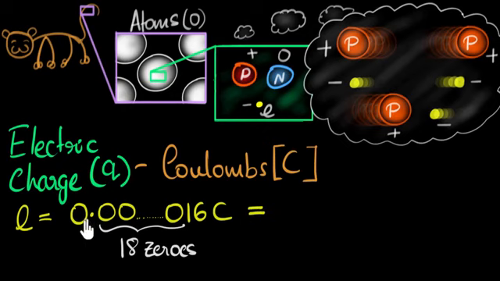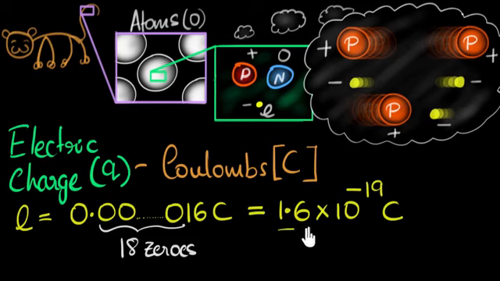So we will shift this decimal all the way till here, and we'll write it as 1.6 times 10 to the power. Now let's see how many times we have shifted it. To shift it from here to here, we shift 18 times, and then one extra shift, 19 shifts to the right, and so we'll write this as negative 19 over here. So that many coulombs is the charge on an electron or a proton.